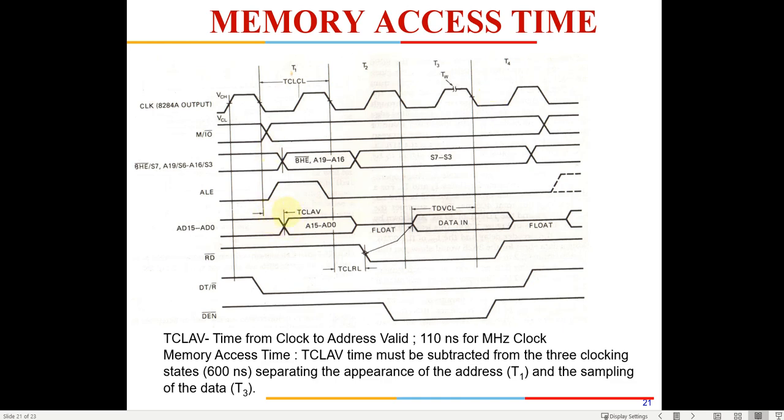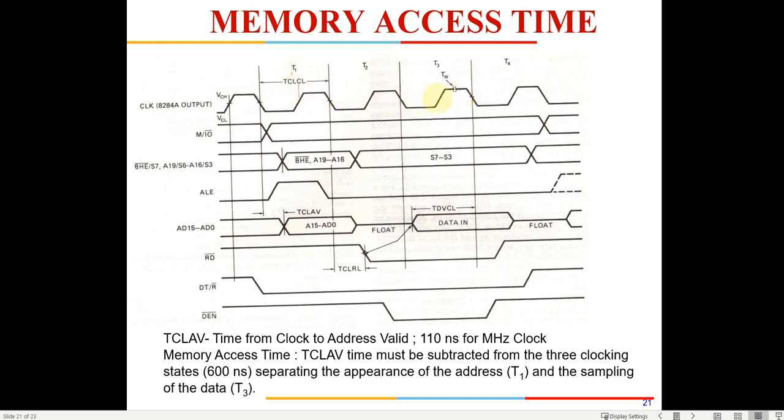So the memory access time should not be 600, it should be 600 minus 110, because this much time is going to be wasted in the address getting stabilized. The memory access time is for 4 read cycles, which is 600 actually. For 5 megahertz, each cycle is going to be 200 nanoseconds.